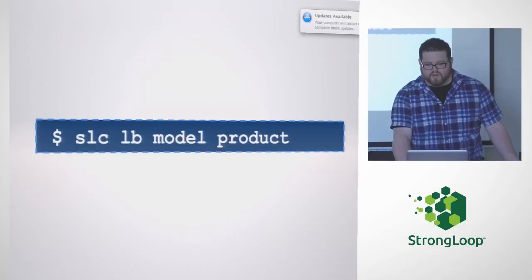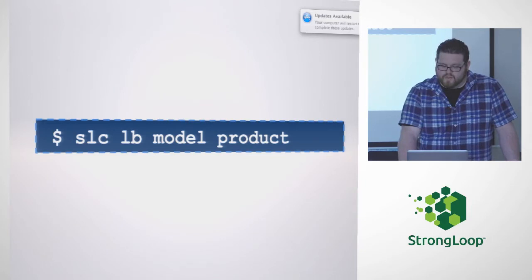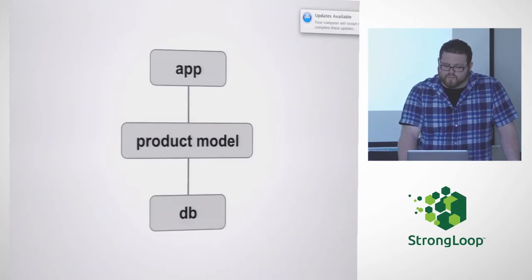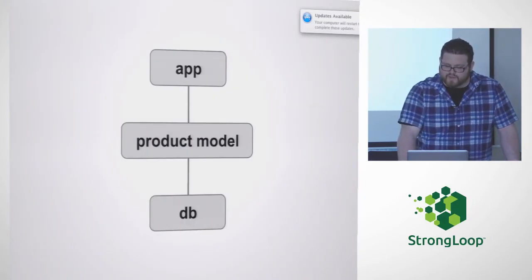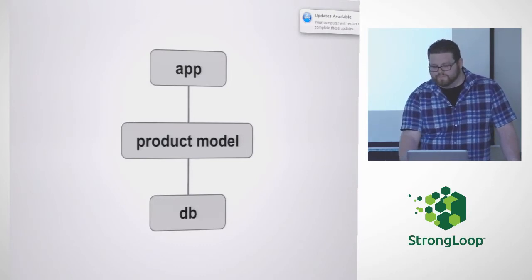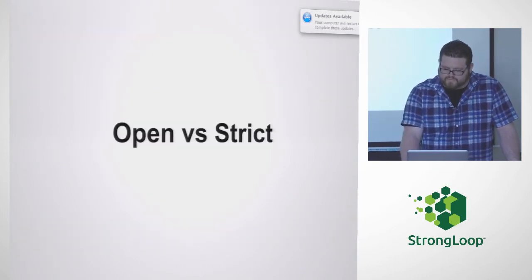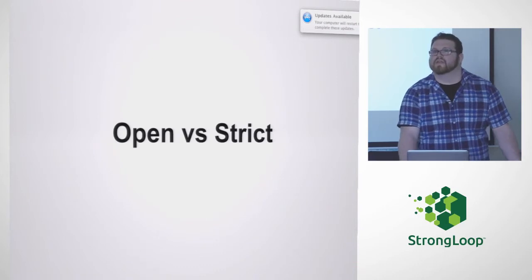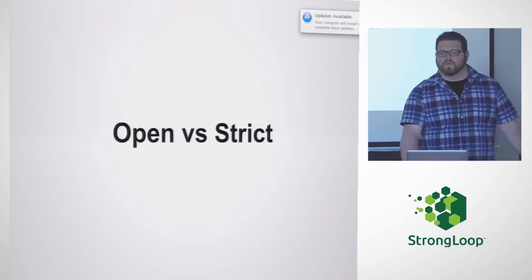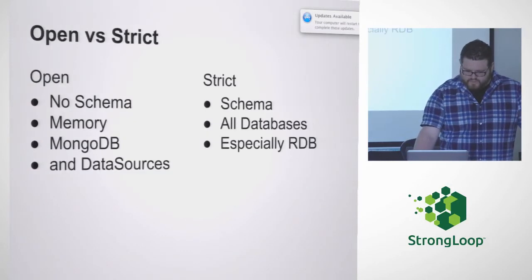The next command you'd use in the CLI is model. In this example, we create a product model. When we create models using this command line, they're automatically attached to the database and to the app. I'll go into that whole relationship in a little bit. But first, you have to understand what a model is, and what an open model and a strict model are.